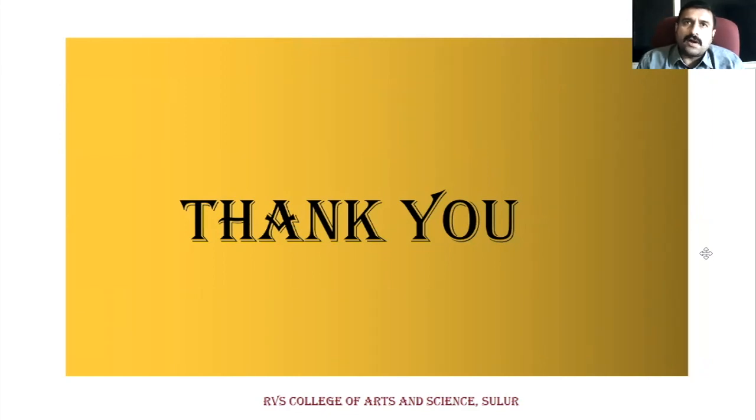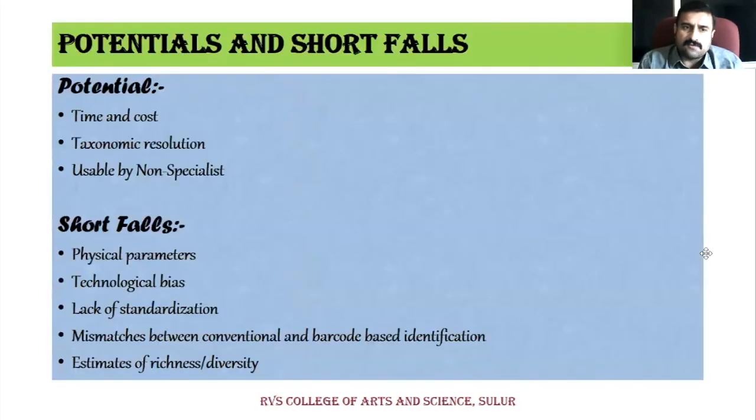V is for volatility, U for uncertainty, C for complexity, and A for ambiguity. Whatever repository or DNA studies we have, definitely we have this VUCA effect everywhere.